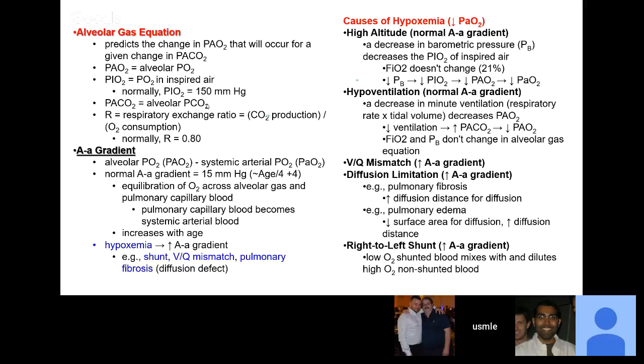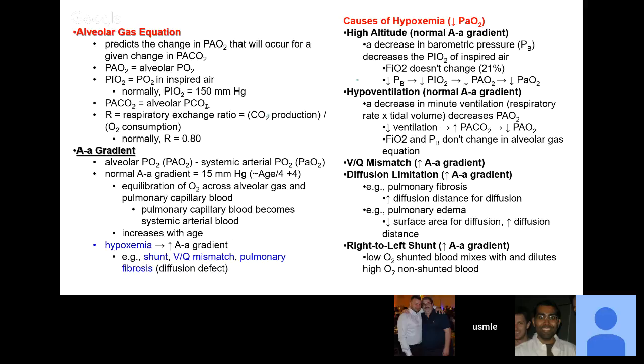What are the examples in here? Keep them in mind because this is what they're going to give you. Pulmonary fibrosis. In pulmonary fibrosis, you have scar tissue, so you have fewer alveoli, so the exchange is going to be totally different and decreased. You're going to have an increased diffusion distance.